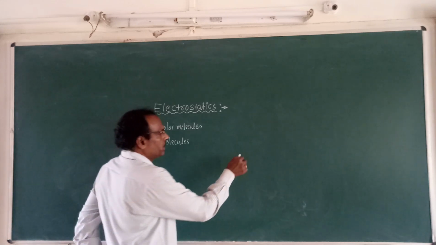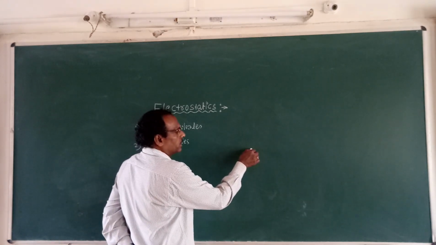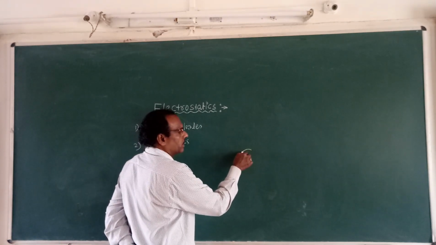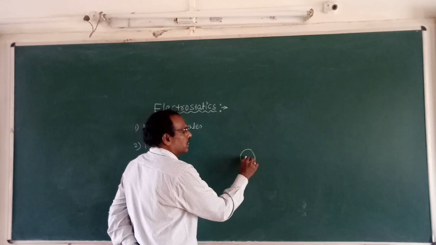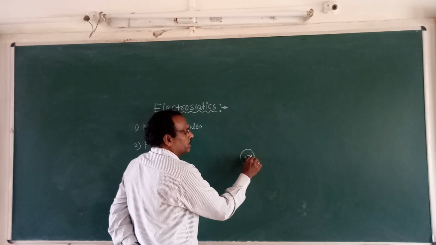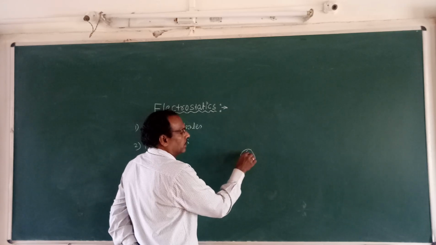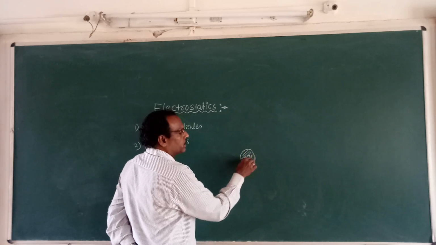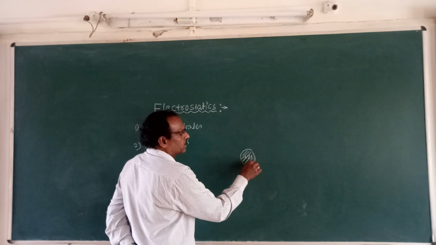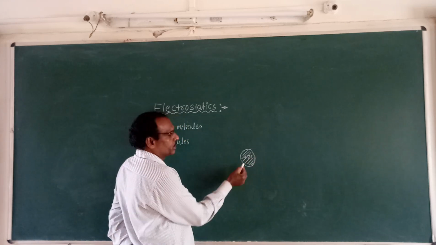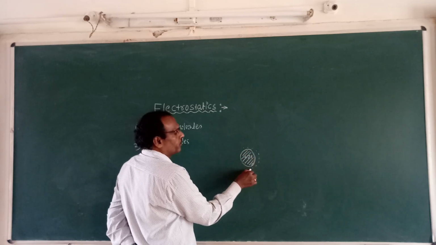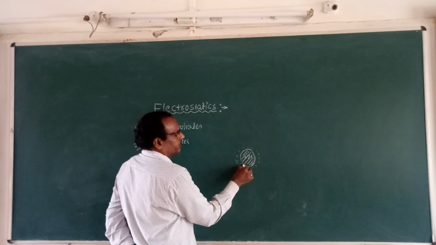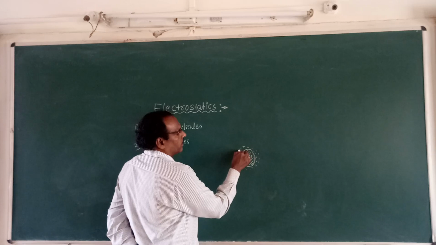As I have drawn here, in case of an atom, the atom as a whole is neutral. The nucleus has a positive charge, which is Z times e, the electronic charge, and Z is the atomic number. Around this nucleus we have a cloud-like picture.